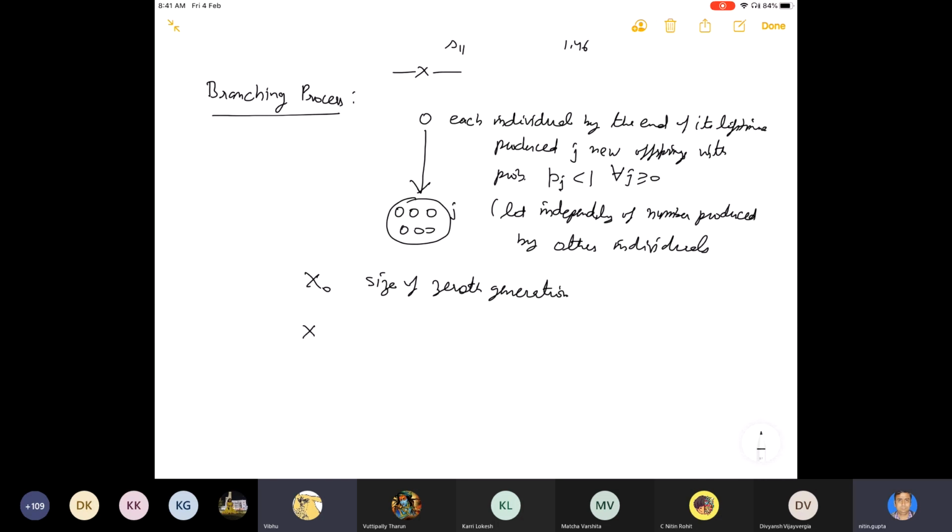So X1 is the size of all offspring of the zeroth generation, or basically this is the first generation.